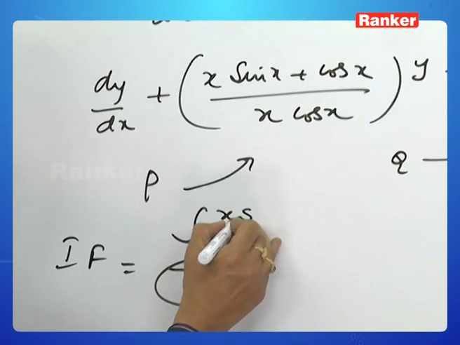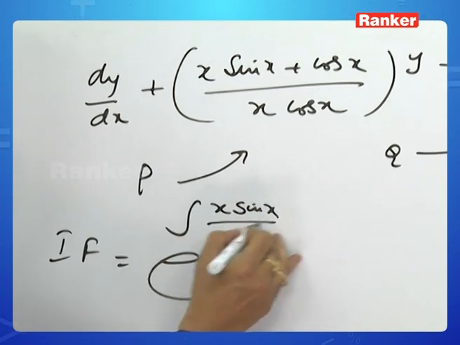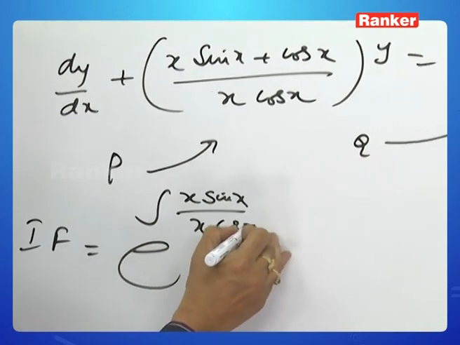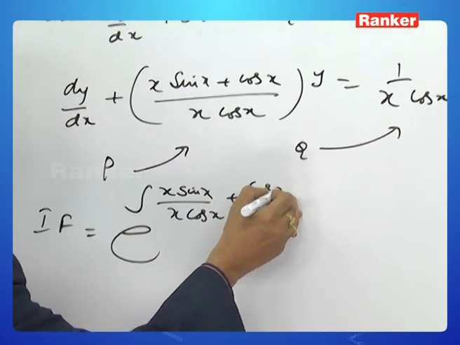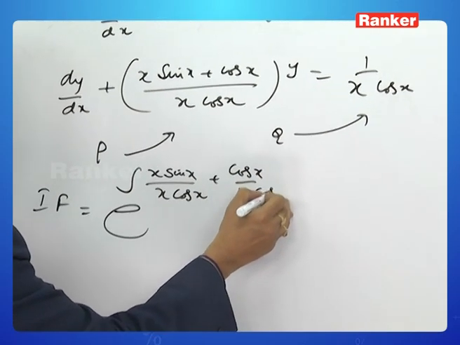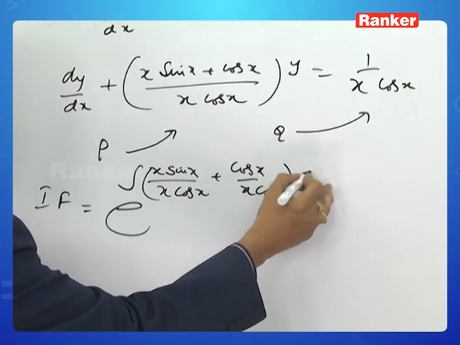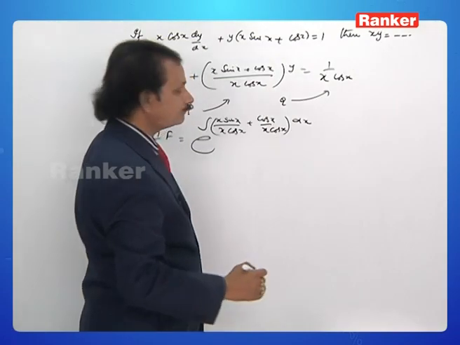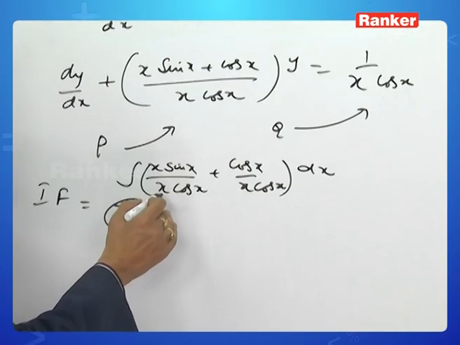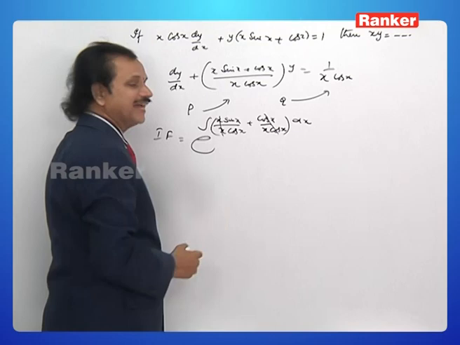x sin x by x cos x plus cos x by x cos x dx. Here x will be cancelled and here cos x will be cancelled.